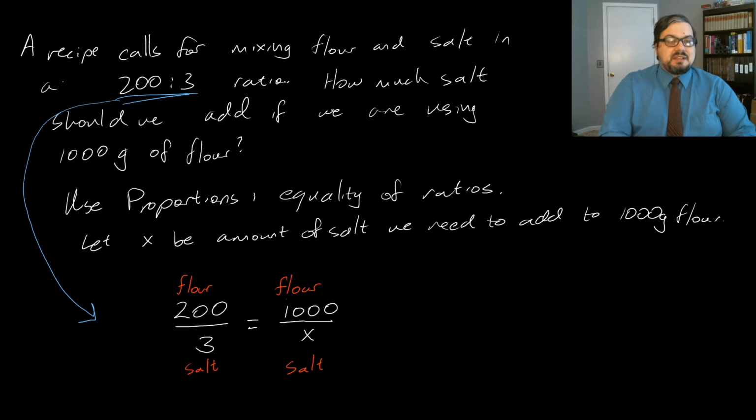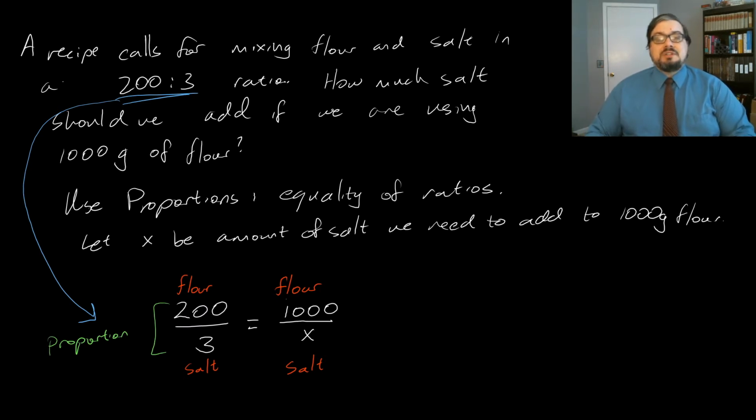And this is an example of a proportion. It's an equality of two ratios. And so when you're told in a problem that two quantities have to be related in a certain ratio, that means that if you take their quotient, take their ratio, that has to be equal to whatever ratio you were given to begin with.